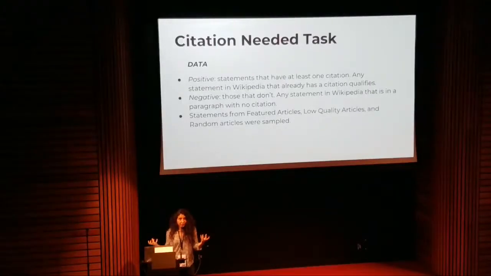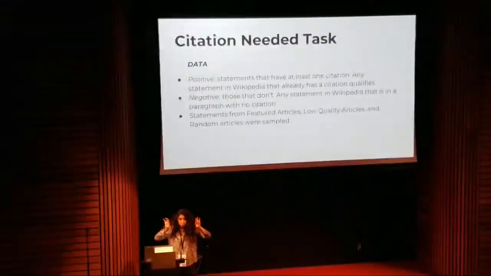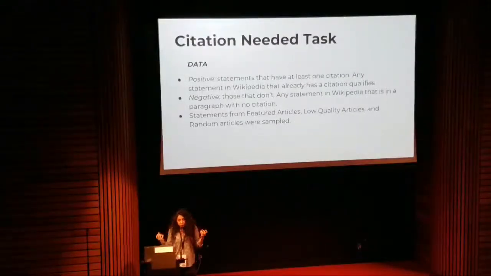How we did it is basically we took from featured articles, the most curated articles in Wikipedia, a group of positive samples, sentences with citations, and a group of negative examples, sentences that do not have citations. Then we designed an algorithm that can learn how to distinguish between these two groups so that for new sentences, it can automatically classify whether it needs a citation or not.